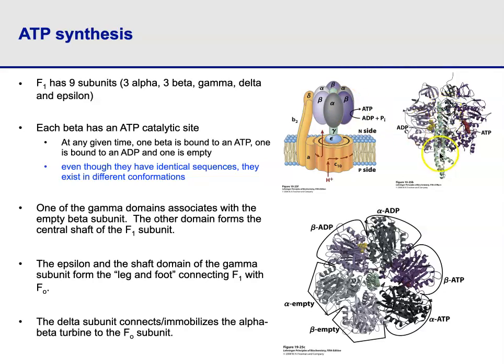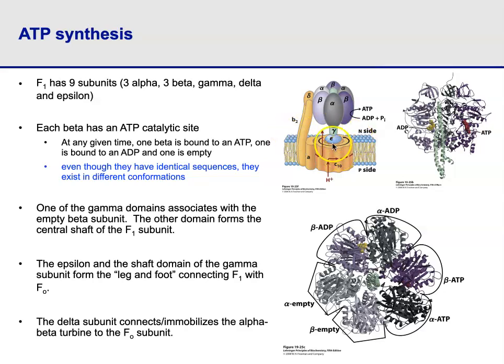Now the gamma, with one of its domains inserted into the alpha beta propeller, usually interacts with the empty subunit, but it's not just a static interaction. We'll see a little better how that interaction actually happens. Then it forms the shaft that goes through the propeller, and at the bottom it associates with the epsilon, which associates with the F naught side of the enzyme.